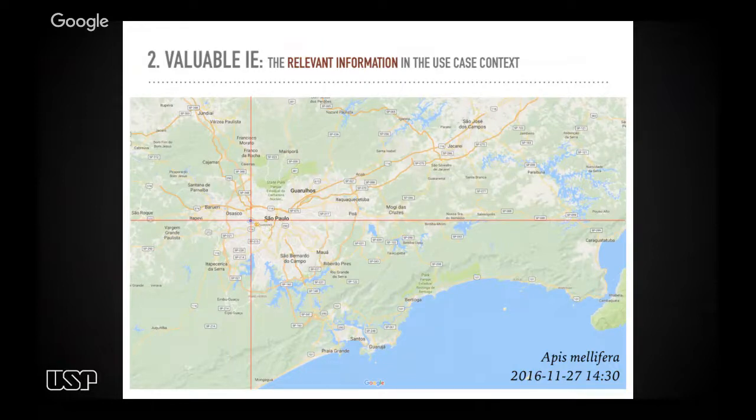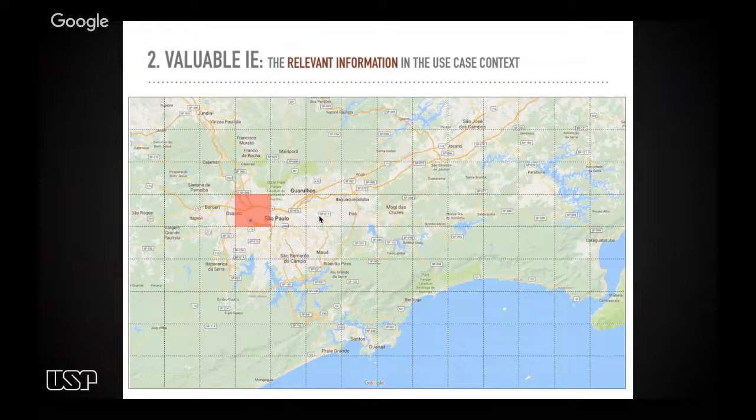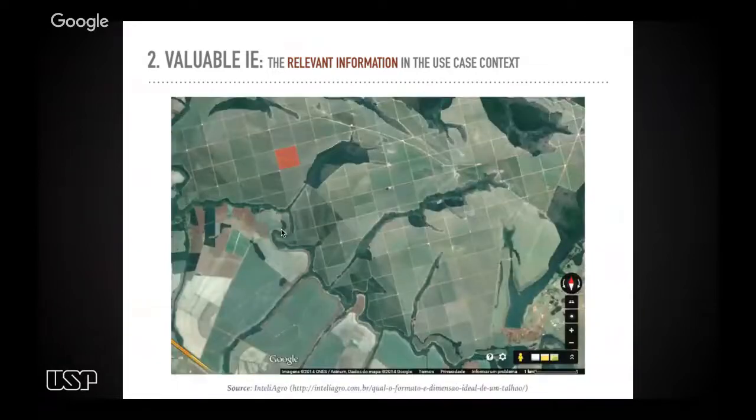But just choosing these information elements is not enough. We have to define the meaning of each of these information elements. For example, how could I describe my location? It could be a point, or a point plus an area of error, or a quadrant, or a spot, an area.